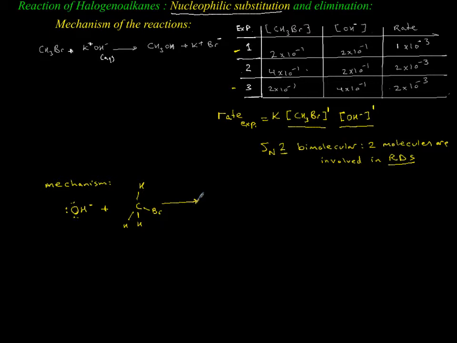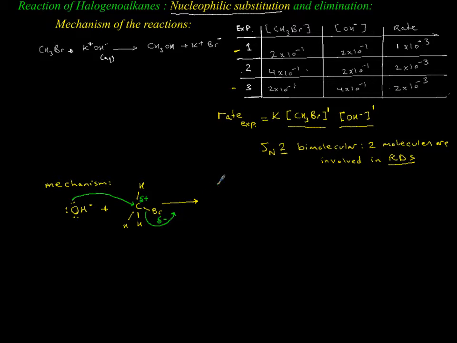So what we decided, since there is only one step and I have to show both species in that step, there is an attack. Remember that this carbon is partially positive, bromine is partially negative. So one of the lone pairs of the oxygen, with a curly arrow, you should show that, is attacking carbon. And the electron of bromine, the covalent electron of bromine, is traveling away from it.